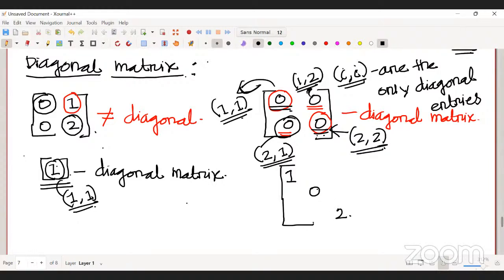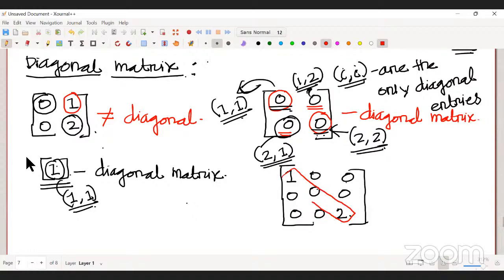Let me take this example: 1, 3, 5, sorry, 0, 0, 0, 0, 0, 0. What about this matrix? Yes, it is a diagonal matrix. The first thing I have to do is omit all the diagonal entries.